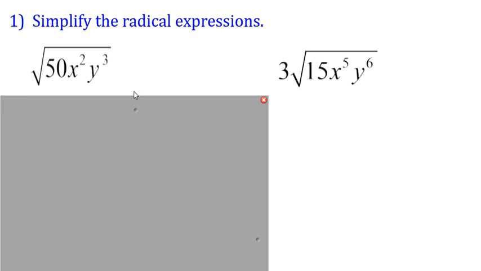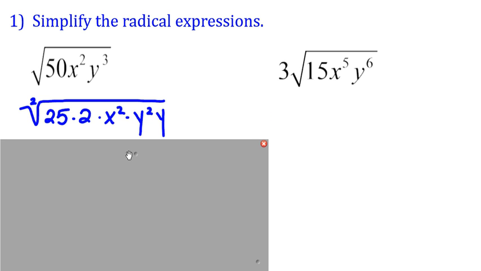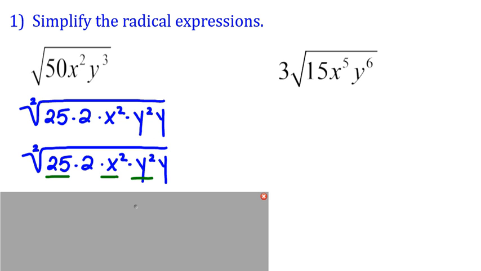I'm trying to write all of the elements as perfect squares because we know the value for those. So my perfect squares are 25, x squared, and y squared. We know the square root of 25 has a value of 5. The square root of x squared should be x, and the square root of y squared would be y.